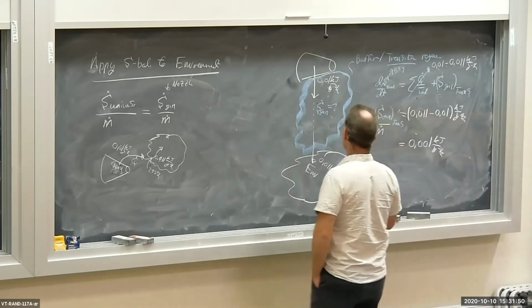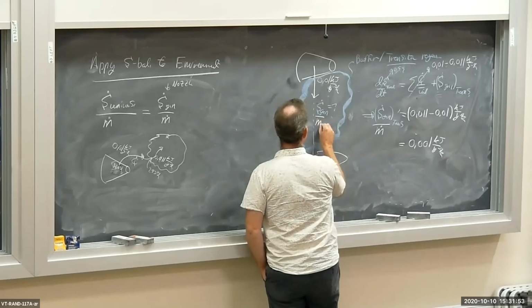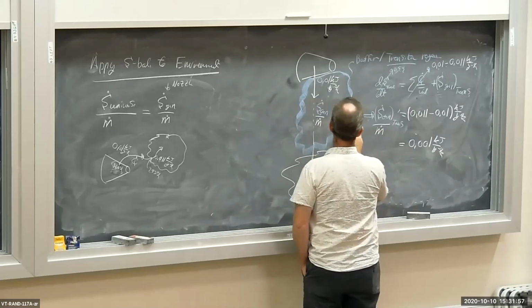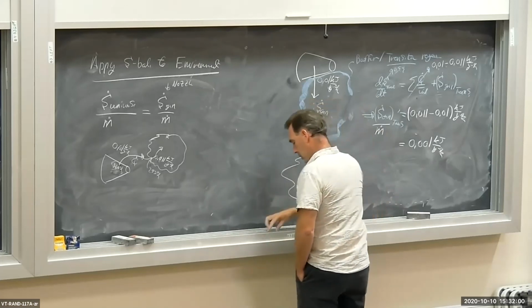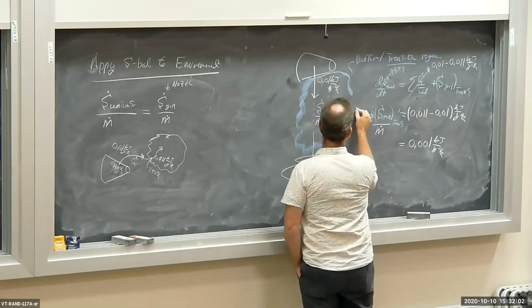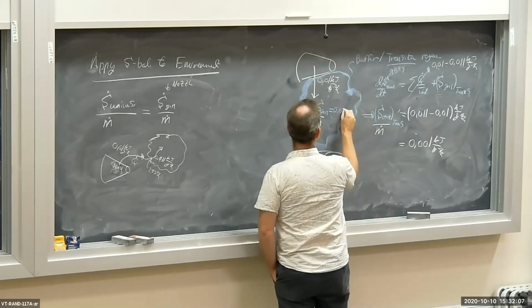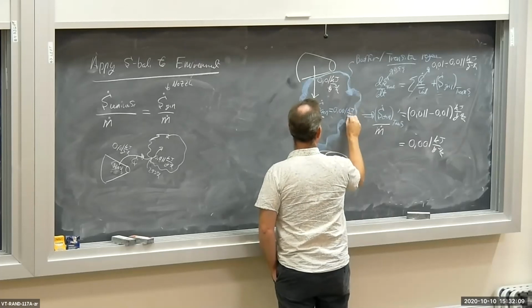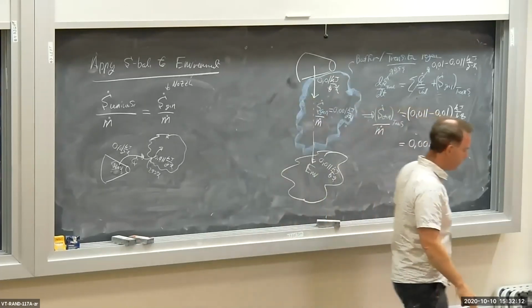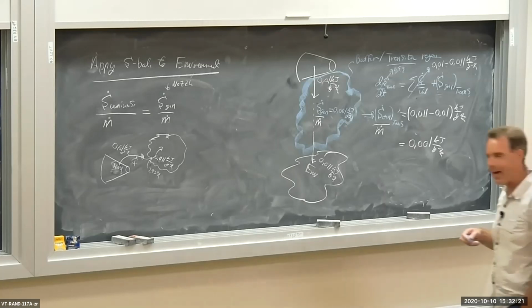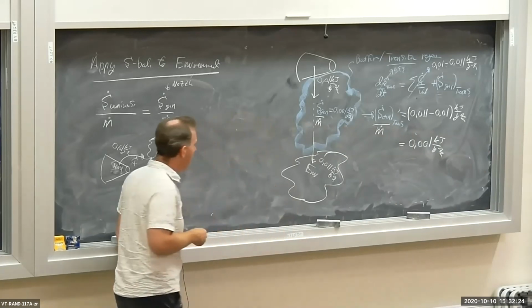So S dot generated per unit mass flow of air through the nozzle is equal to 0.001 kilojoule per kilogram degree Kelvin. Okay, so this has been a long elaboration, but I think this is worth looking at.